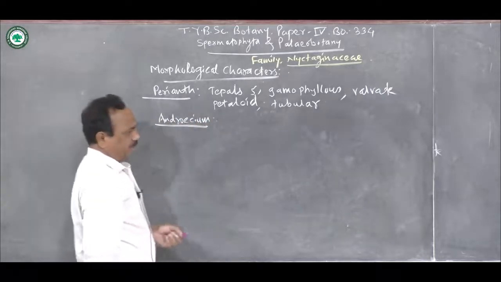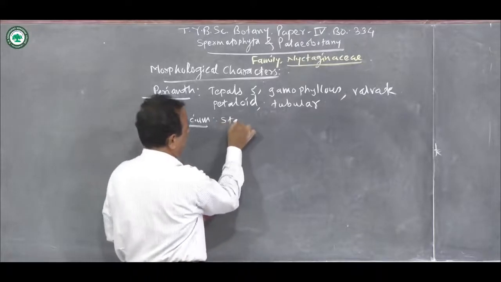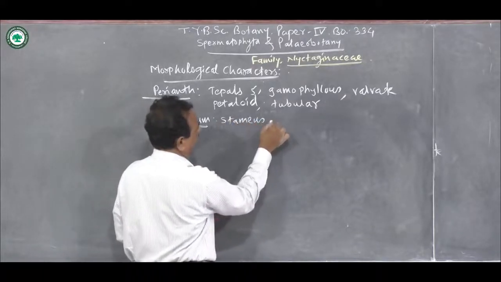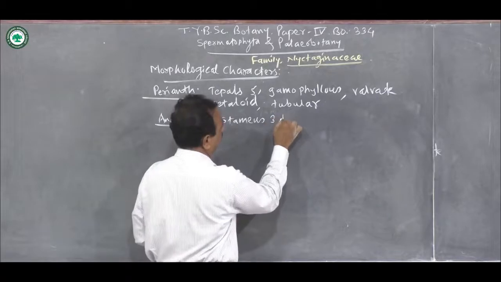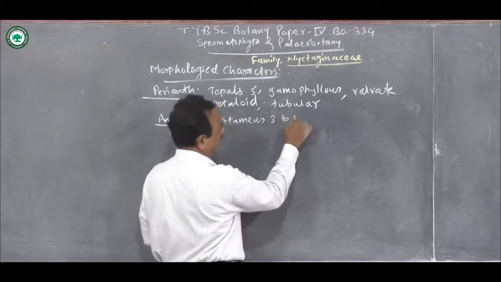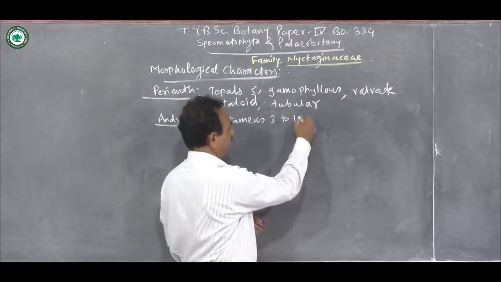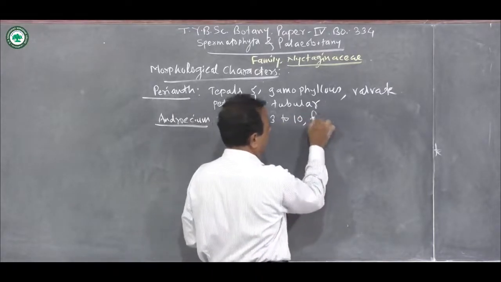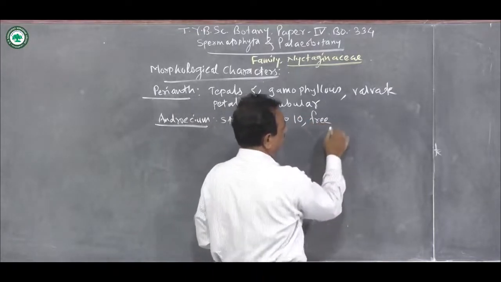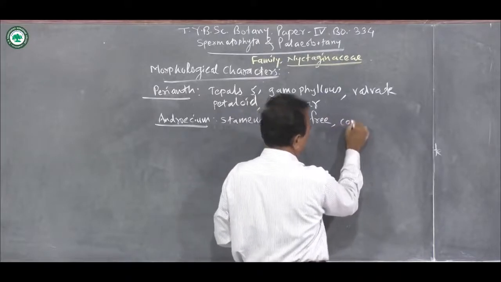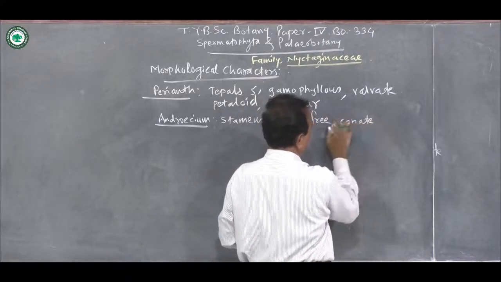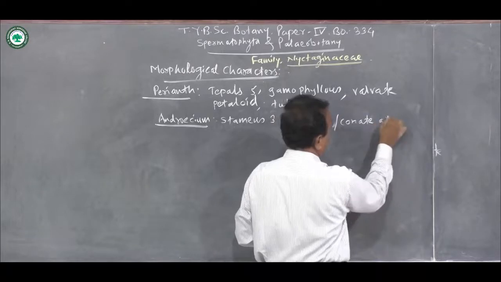Then if we see the androecium, it shows the presence of a variable number of stamens. Here stamens are 3 to 10. 3 to 10 stamens are present. The stamens are free, sometimes they are connate at the base. Free or connate at base.